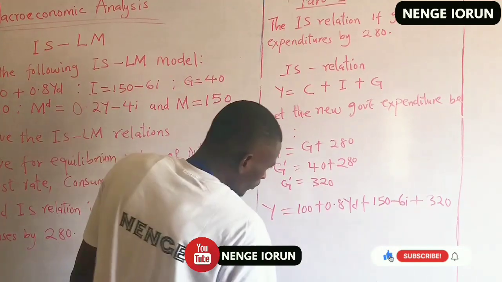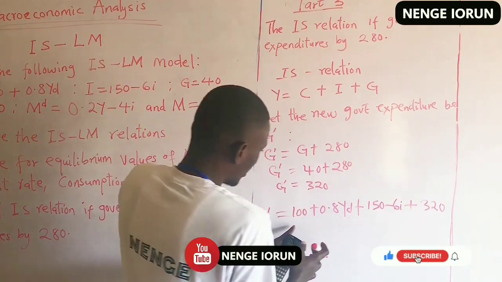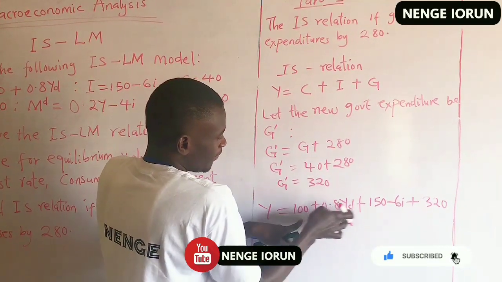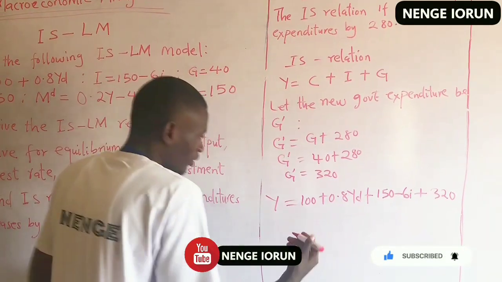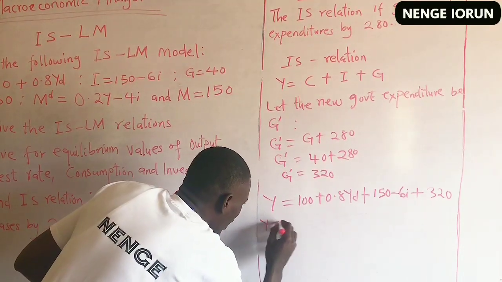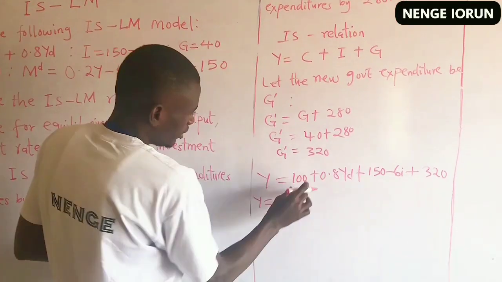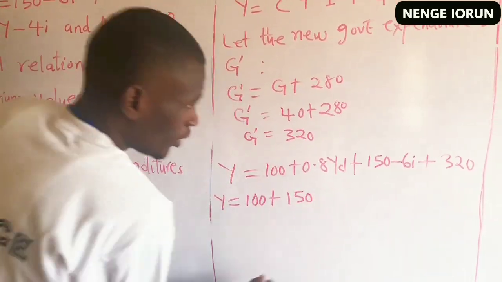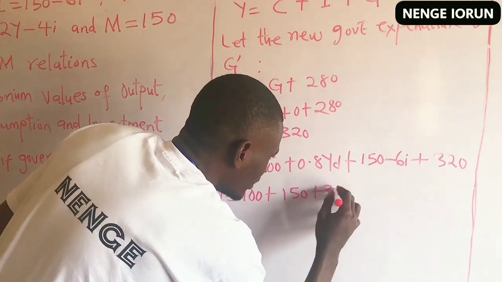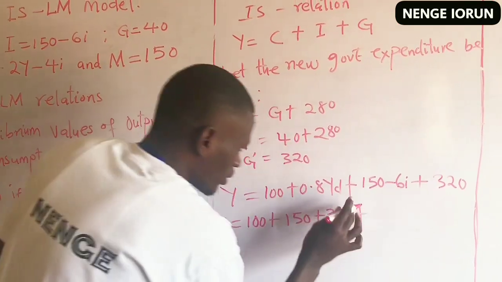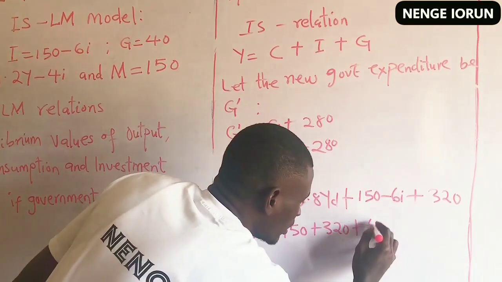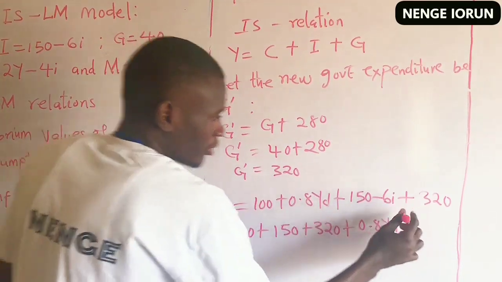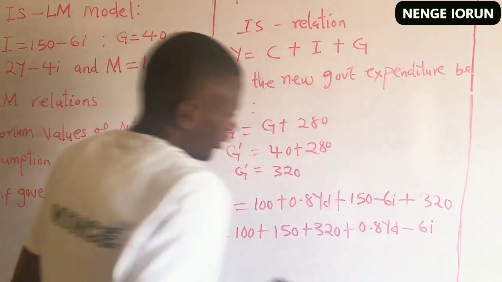So now, we are going to rearrange by putting the numbers without alphabet attached to them, which are called constants. So you will have Y is equal to 100 plus 150 plus 320, then plus 0.8 YD, then minus 6i.